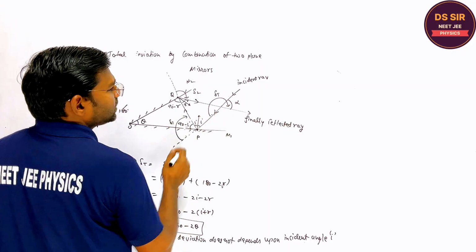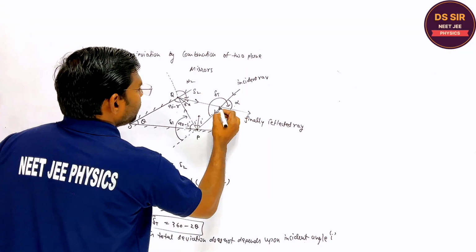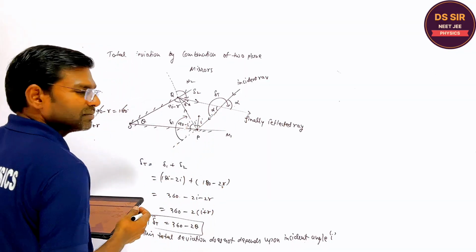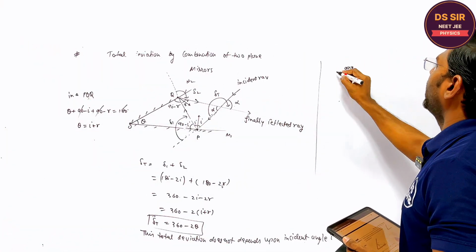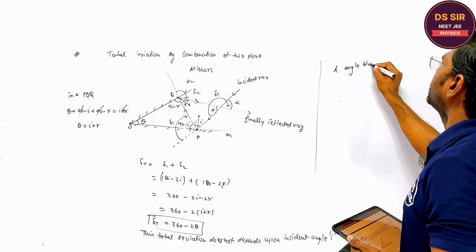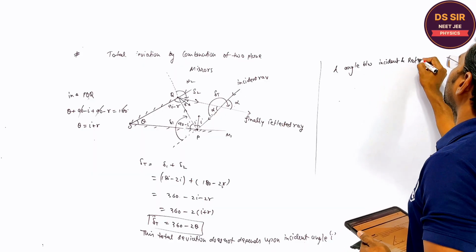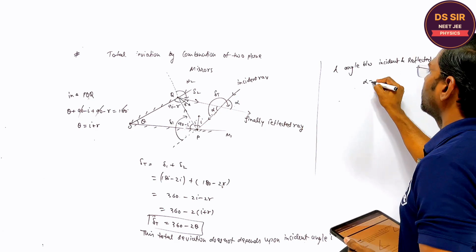The angle between the incident and the finally reflected ray. How would we find alpha?